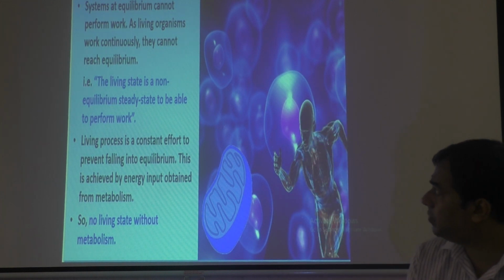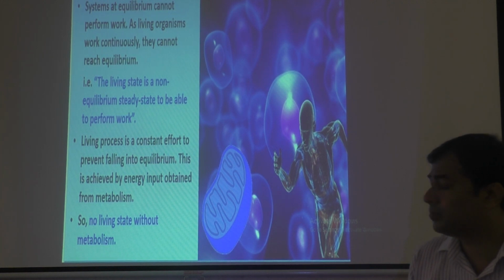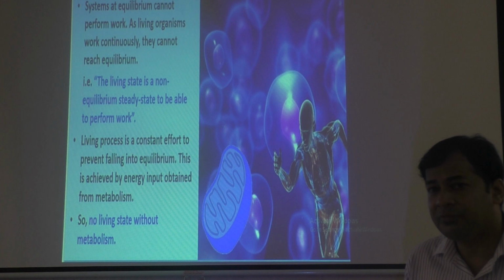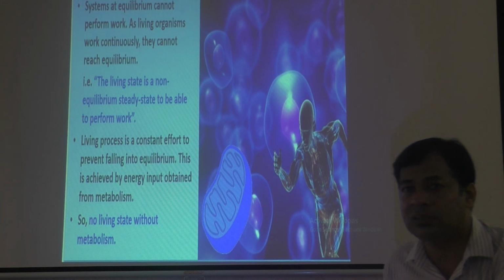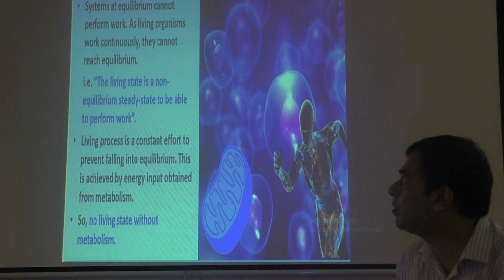Then, under the same heading, same metabolism: systems at equilibrium cannot perform work. As living organisms work continuously, they cannot reach equilibrium. Meaning, if all the metabolites were in the same concentration, then the body cannot work, cannot be normal.